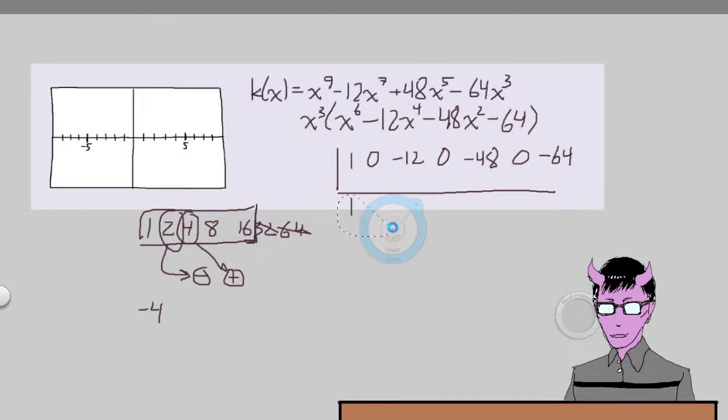Let me think. So this one got us back to, what did it get us? It's a negative or positive. I should have written down that information, right? I think it got us a negative out, yes.